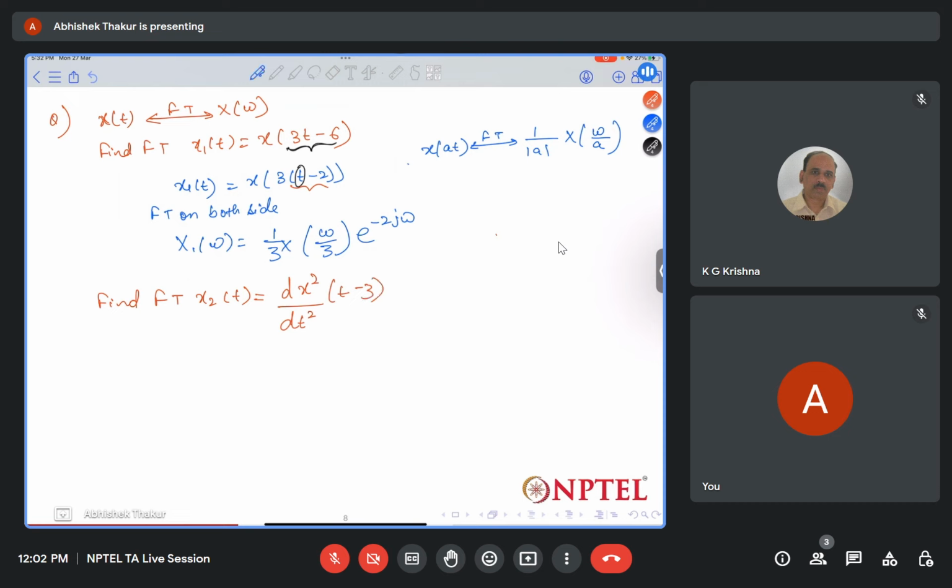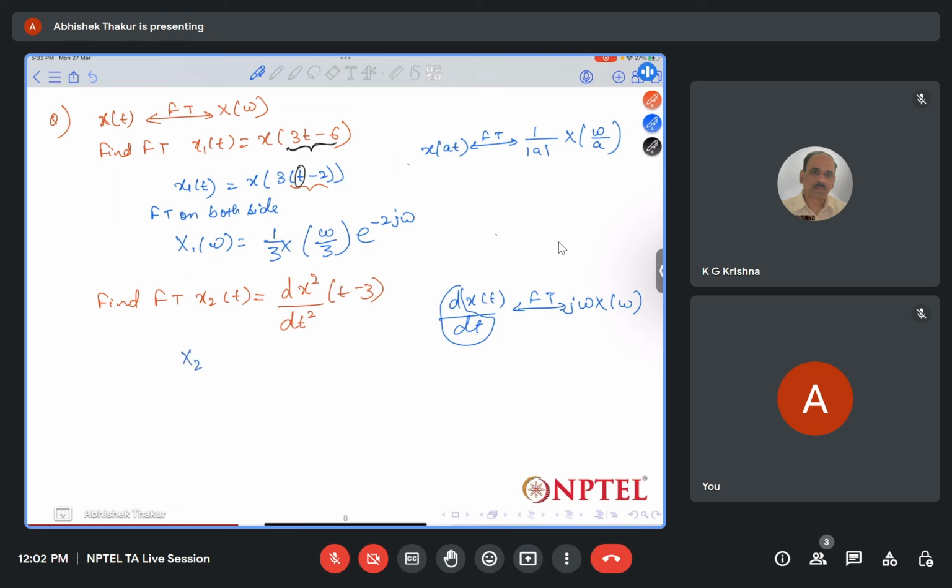So in this term, we know that when the differentiation of x(t) by dt is there and we have to find its Fourier transform, this becomes j omega into X(omega). This d by dt we can replace by j omega. Here it is twice differentiation, so we replace it by (j omega) squared.